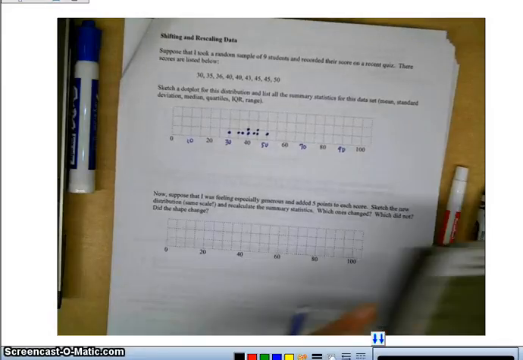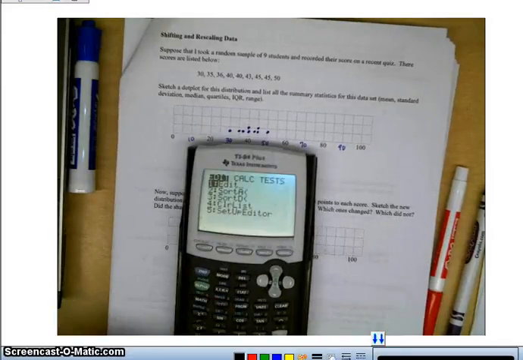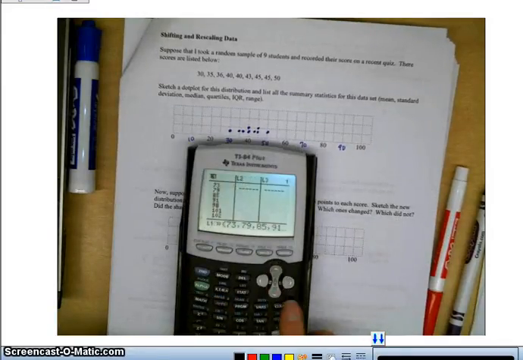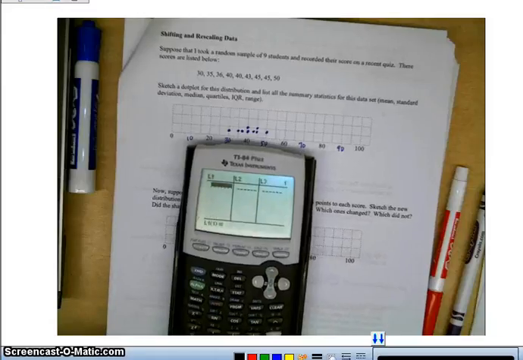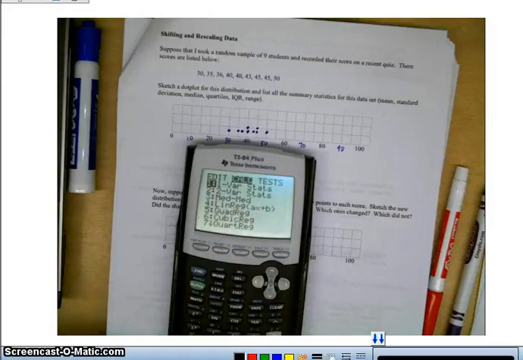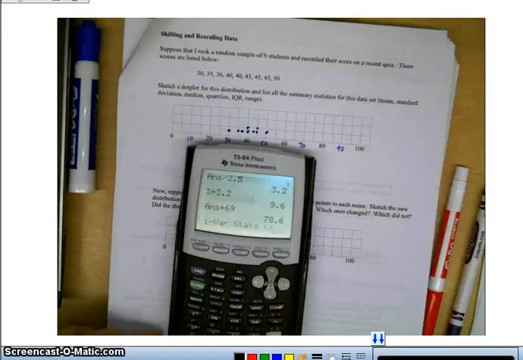So I'm going to go to my calculator, hit Stat, Edit, hit the up arrow and clear my list, and enter 30, 35, 36, 40, 40, 43, 45, 45, and 50. And then I'm going to hit Stat Calc, one variable stats, list 1, calculate.